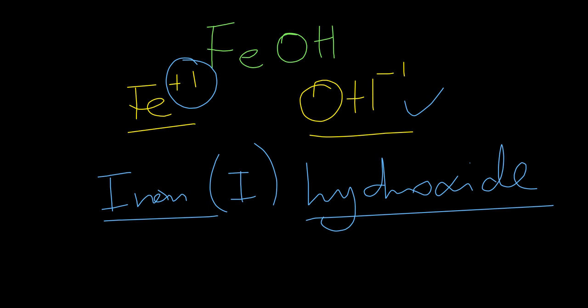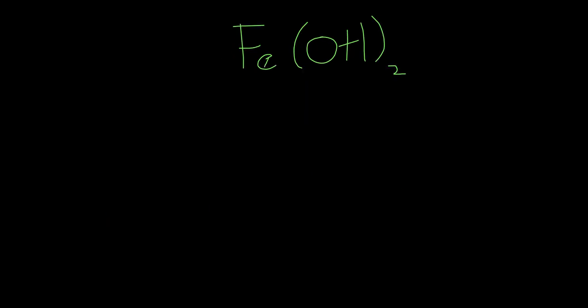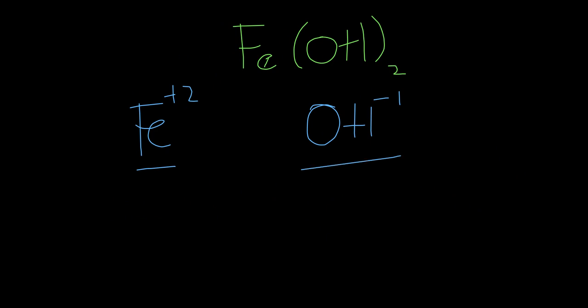In this example again, we have iron combined with hydroxide again. So here the iron's oxidation number is different, it is +2, with our hydroxide, which is -1. So we name the iron first. When we are done, we come to the hydroxide component. So that will give us iron.